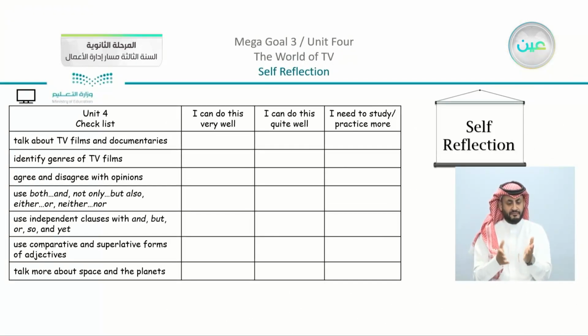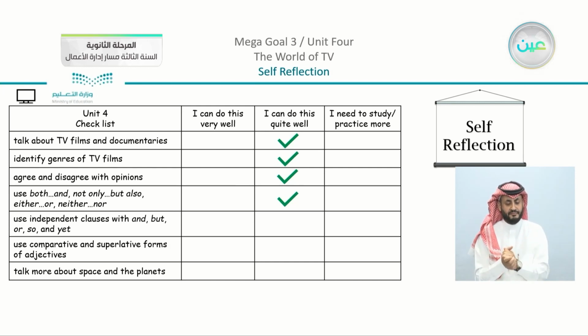We have the check table here. As usual, we have, I can do this very well, I can do this quite well, and I need to study or practice more. So we have here to talk about TV films and documentaries. Actually, it was very interesting and easy. Identify genres of TV films also. Agree and disagree with opinions. Use both and not only, but also, either or, neither nor.